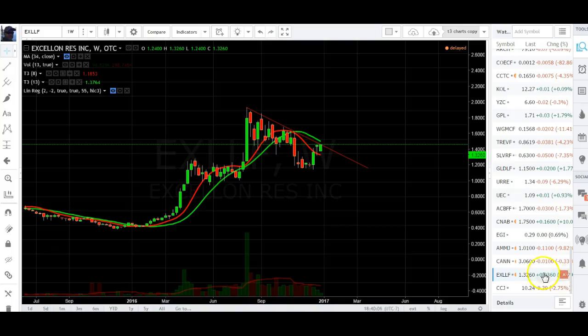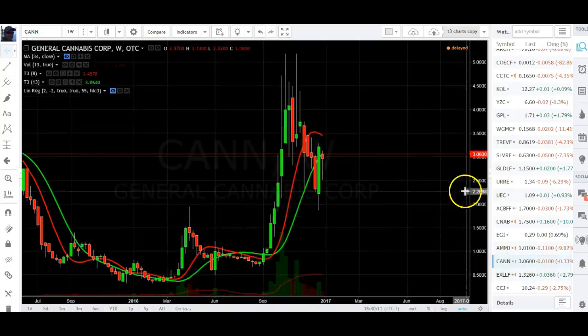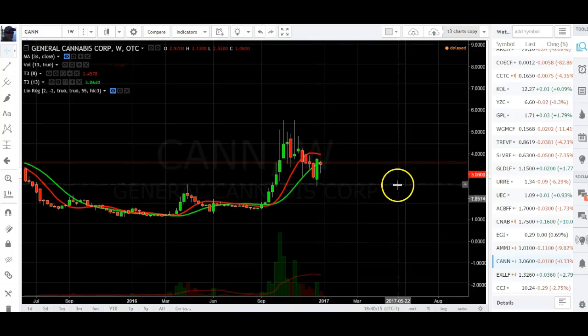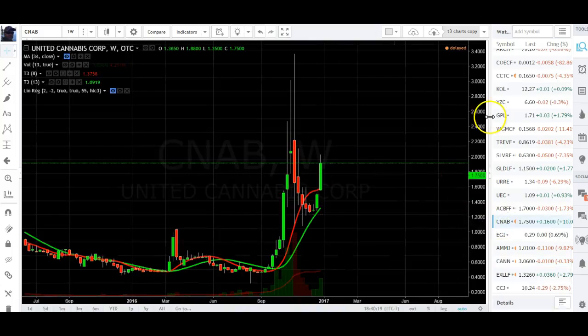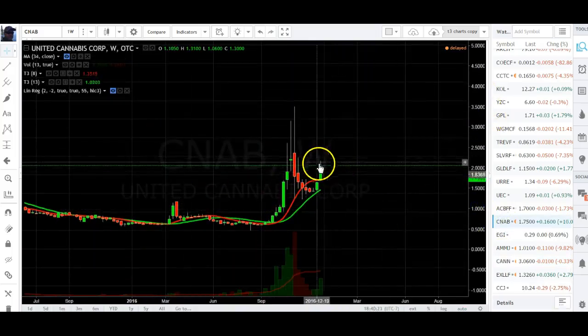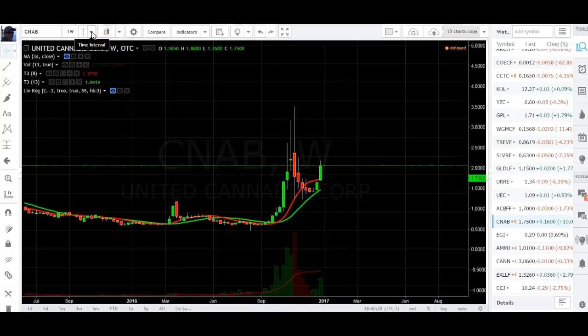I'm missing one. I know it. CANN. That's a nice reversal bar on the weekly. CNABs. The one. So look for this to do the same thing on HEMP, hemp, cannabis-wise.